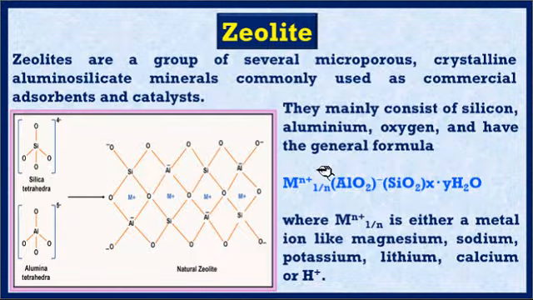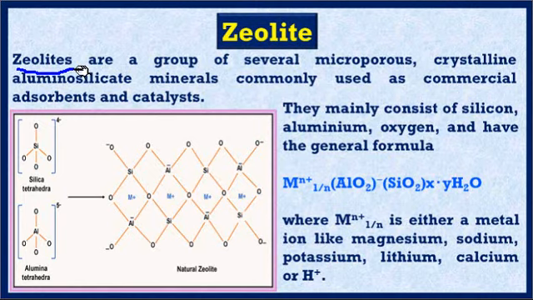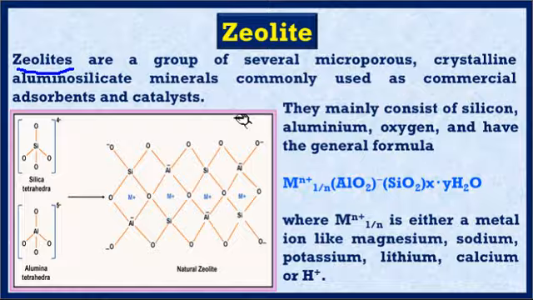So first of all, we must know what zeolite is. Zeolites are a group of several microporous crystalline aluminosilicate minerals commonly used as commercial adsorbents and catalysts. Basically, zeolites are a group of minerals involving silica and alumina, which also incorporate some metal ions.